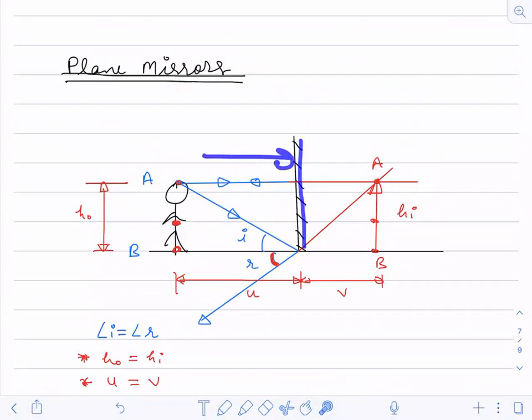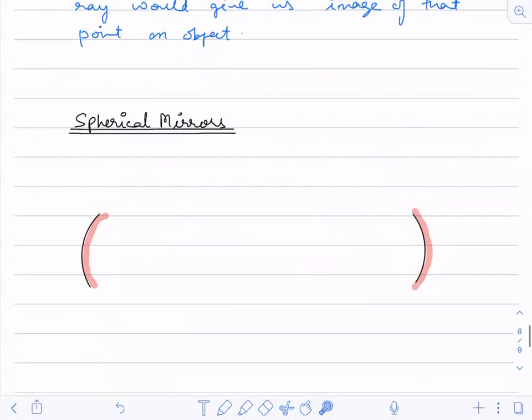So the incident ray should come from this side, and the reflected ray should come from this side. Is it okay?